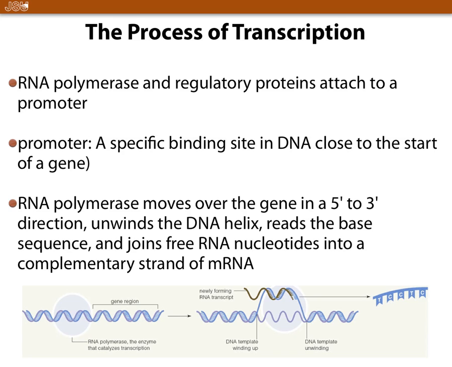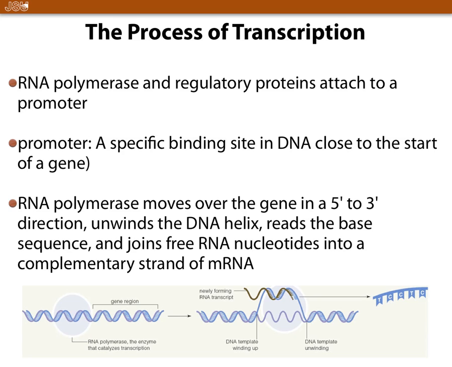And as it sits there, it is going to go from left to right. And that's shown on the right part of that picture at the bottom. And as it goes left to right, it's pulling apart the DNA. And as it pulls it apart, it's going to make RNA, an RNA copy from a strand of that DNA.